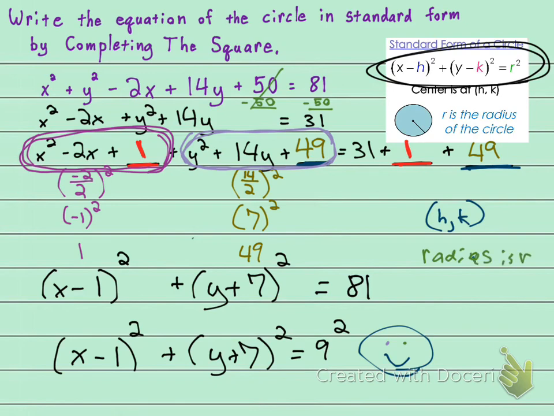So our center is, which they didn't ask for, but that's okay, we'll give it to them, 1, negative 7, and the radius is 9. There we go.